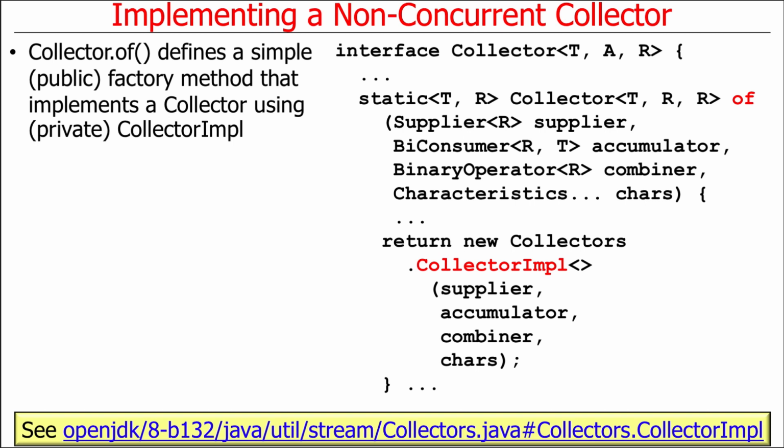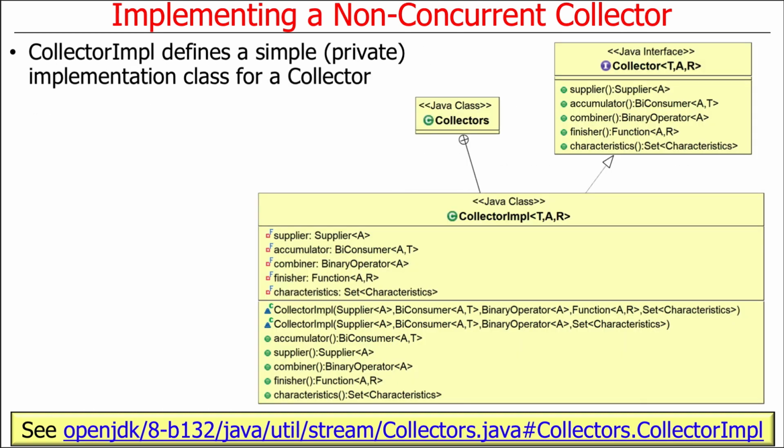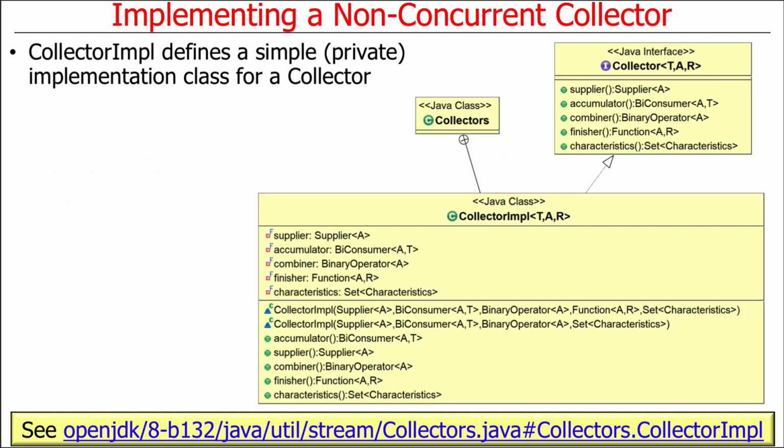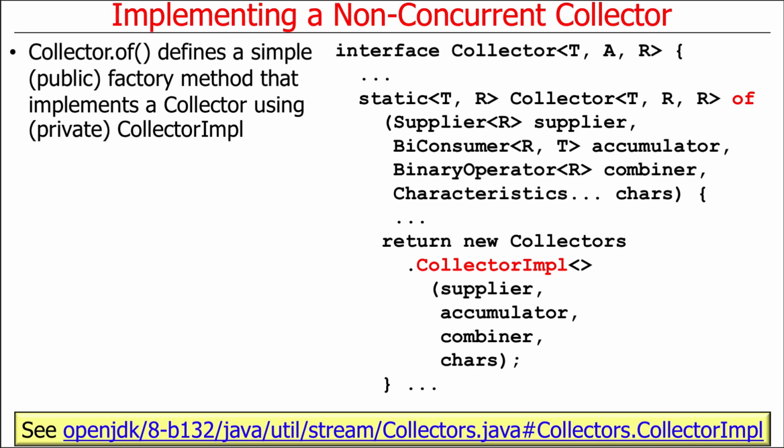So here we have the of method. As you can see, you pass it in a bunch of different functional interfaces: supplier, BiConsumer, BinaryOperator, characteristics, and so on. And what it does internally is it says, hey, make a new CollectorImpl, which we just saw here, that takes each of these parameters and bundles them up into the appropriate fields of the CollectorImpl, which in turn will then be used to access the supplier, the accumulator, the combiner, the characteristics, and so on.